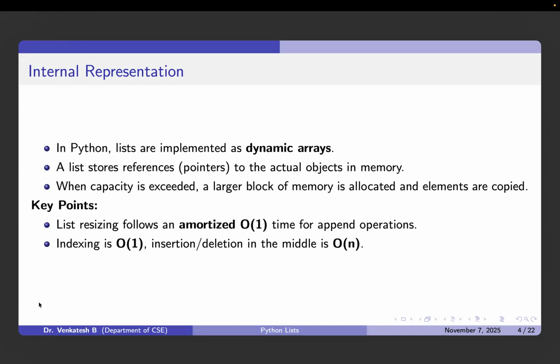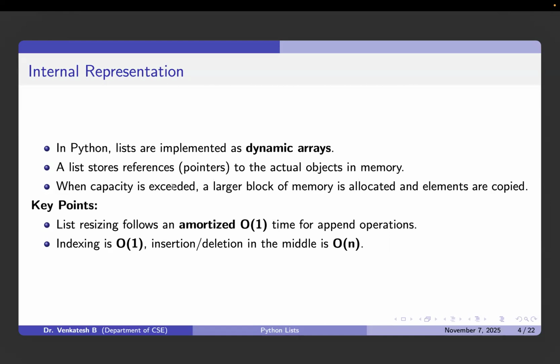In Python, lists are implemented as dynamic arrays. Dynamic array means the size of the list keeps on changing as we are inserting elements. A list stores reference pointers to the actual objects in memory. So the list items are referred to by using a pointer.